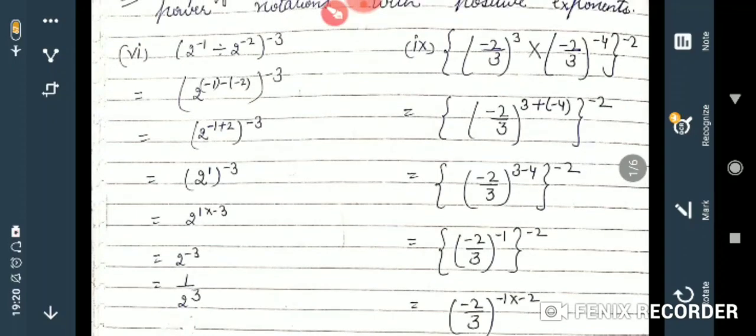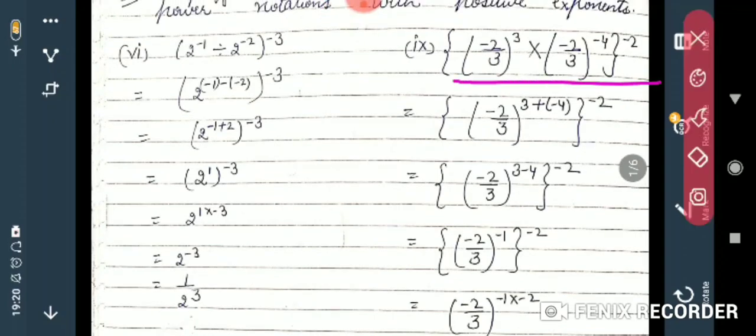Okay. Now the next question: (minus 2 upon 3) to the power 3 multiply (minus 2 upon 3) to the power minus 4, curly bracket to the power minus 2. Now, as I explained in our previous class, when the base is same, that is minus 2 by 3 and minus 2 by 3, then the powers are added.